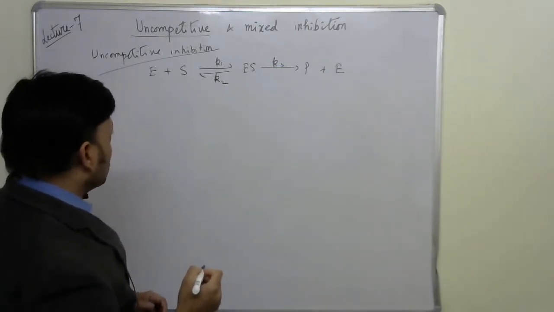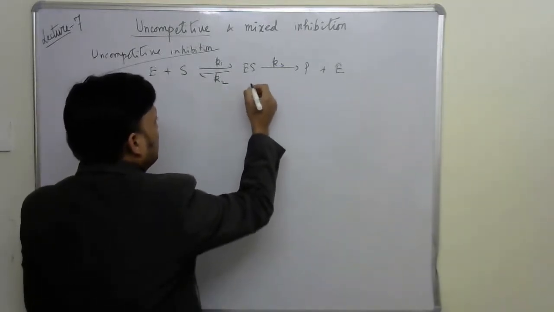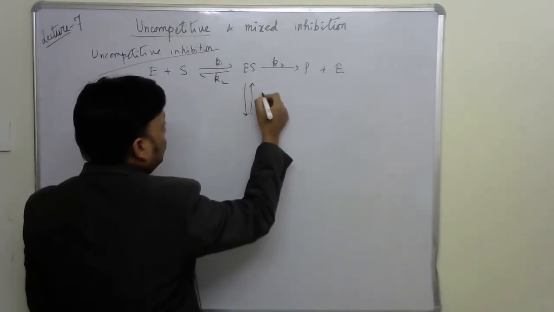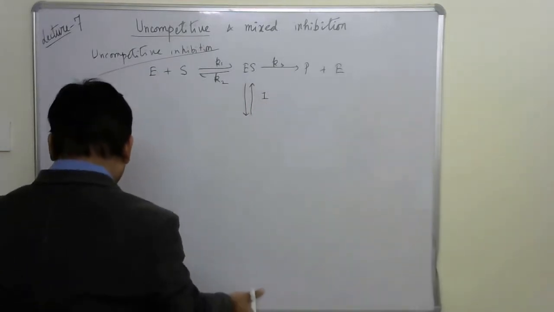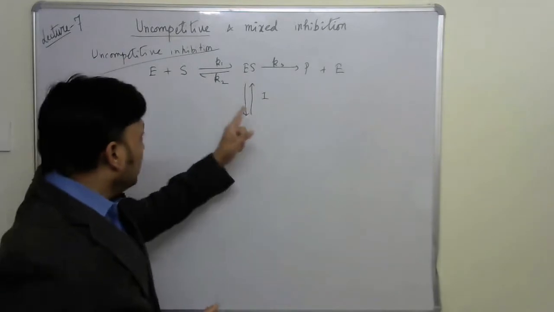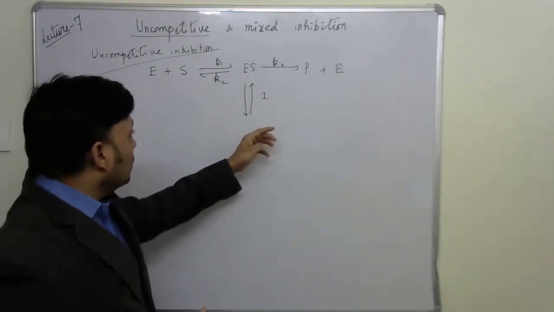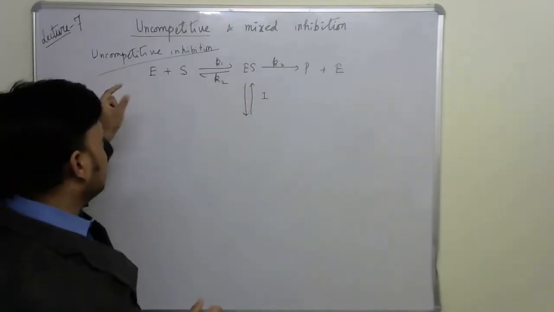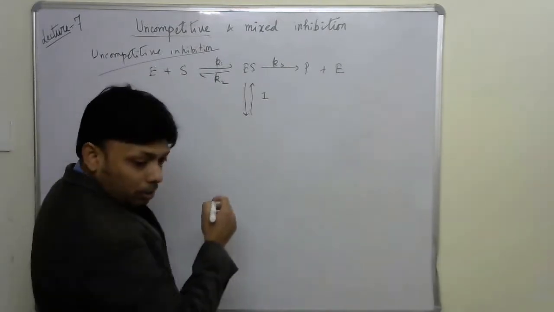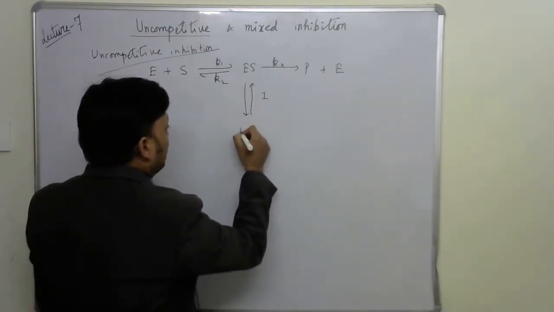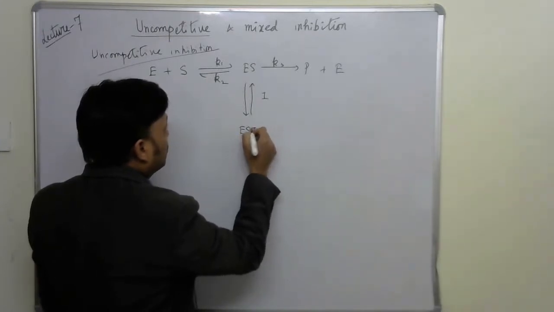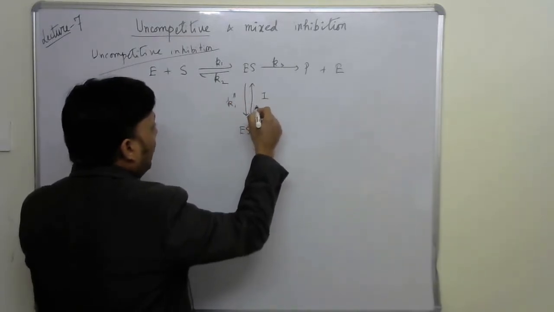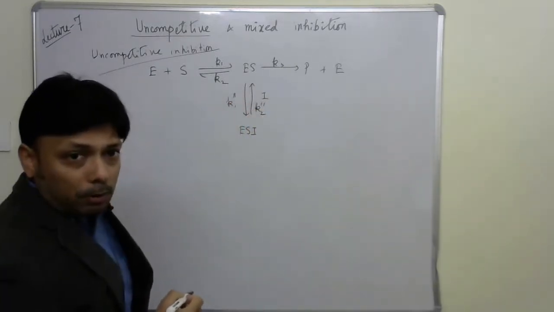But in uncompetitive inhibition, this enzyme substrate complex interacts with the inhibitor. Unlike competitive inhibition, the inhibitor directly attacks the enzyme substrate complex rather than the enzyme. So we have an enzyme substrate inhibitor complex, and the forward rate constant is K1 double prime, and the backward is K2 double prime.